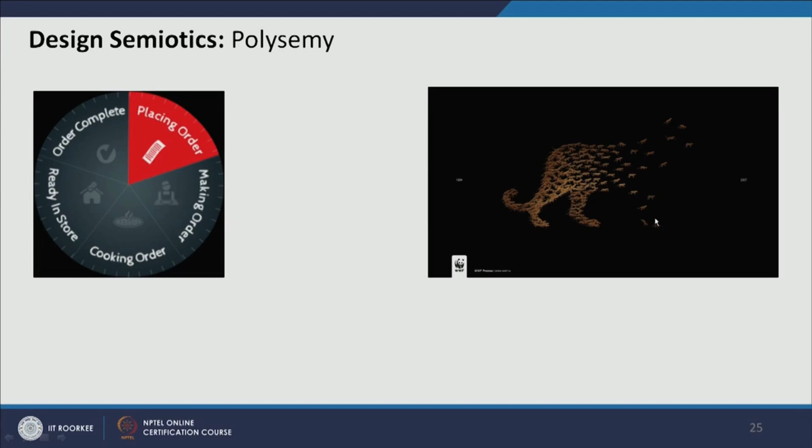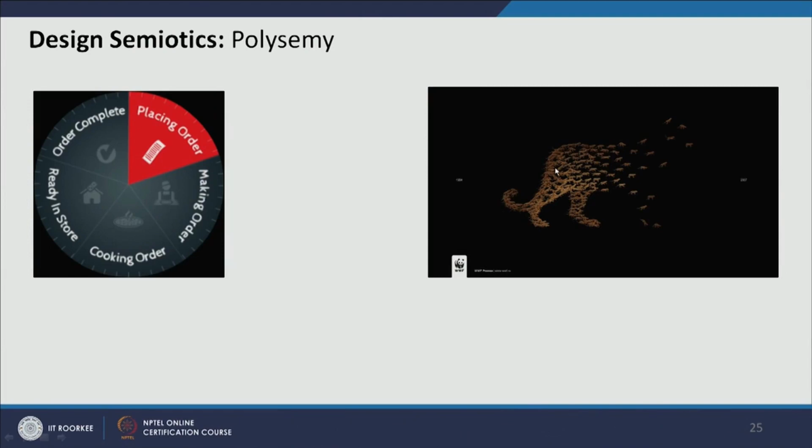It gives a message that the density of tigers is reduced because of human activity, which has a negative impact on the ecosystem of the earth. That message is given through a layered and coded iconographic expression, through the figure-ground relationship.